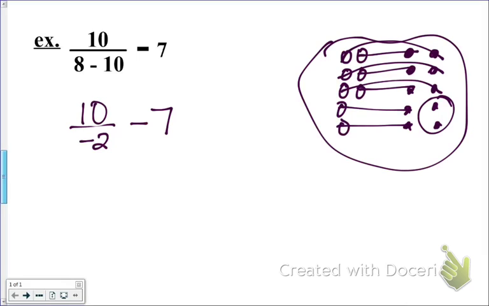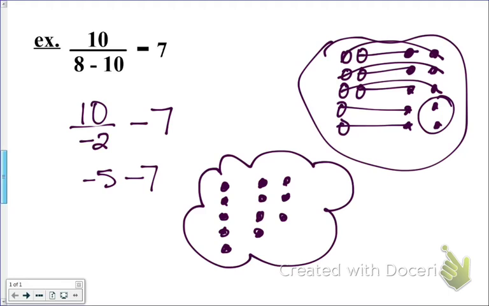My bad, mistake. It's supposed to be 10 divided by negative 2. Not sure where I had the 8. But anyway, different signs, it's going to be negative. So 10 divided by negative 2, we're looking at negative 5 minus 7. After drawing it out, this is our final answer.